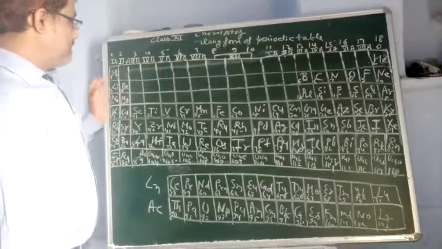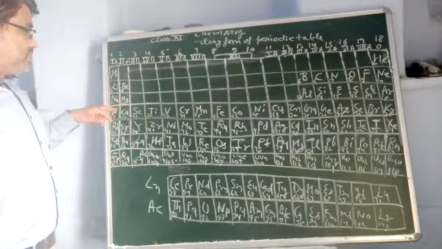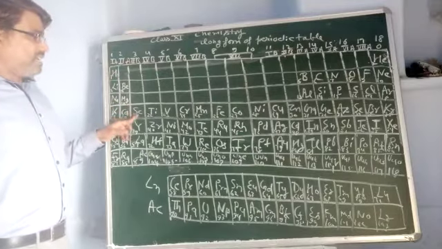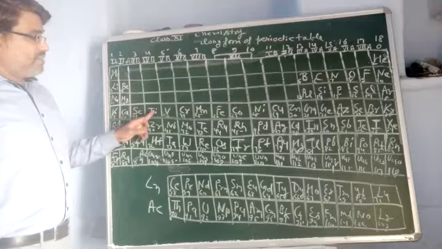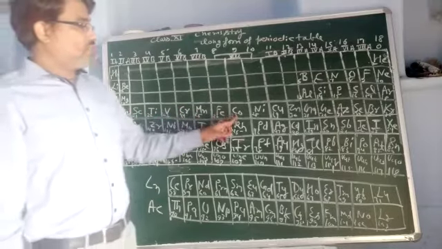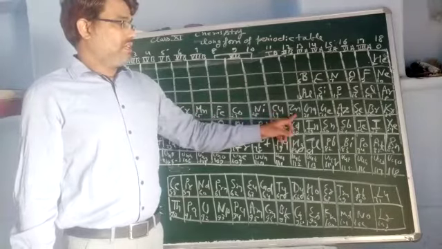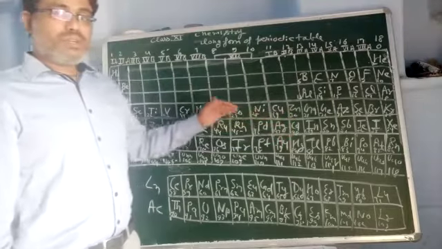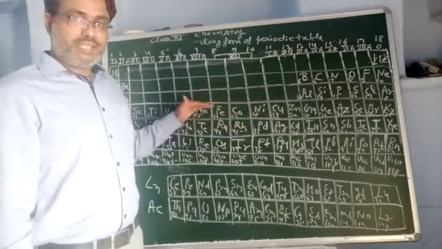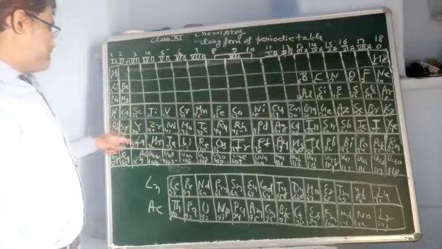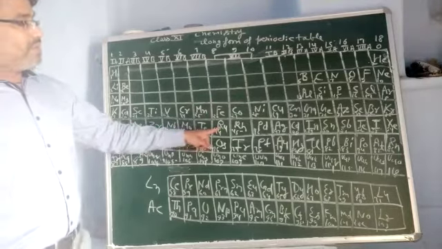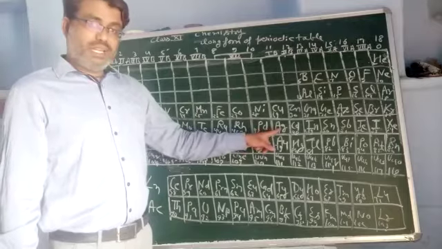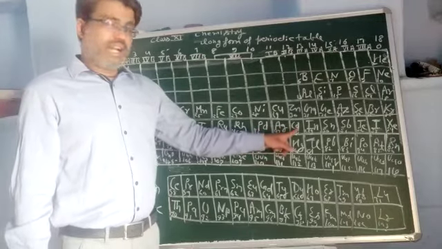Now if you see the B subgroup, the first element here is scandium, 21. So scandium, titanium, vanadium, chromium, manganese, iron, cobalt, nickel, copper, zinc. It is also called the 3d series elements. And after that we have yttrium, zirconium, niobium, molybdenum, technetium, ruthenium, rhodium, palladium, Ag that is silver, and then cadmium.